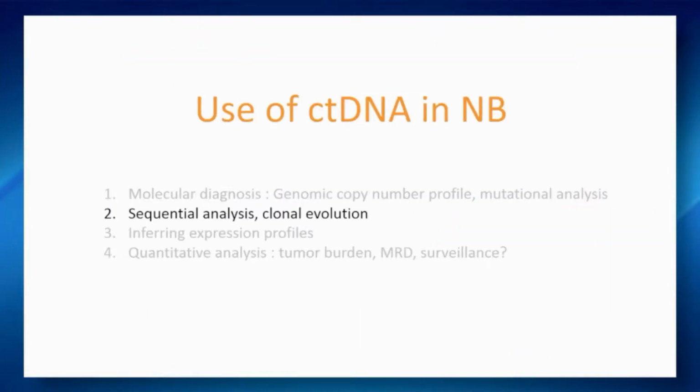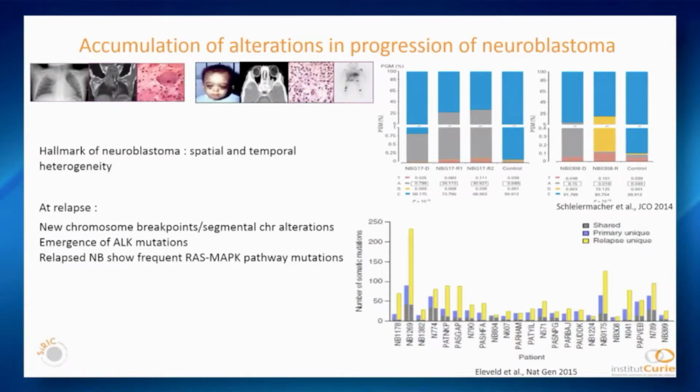Furthermore, as we mentioned earlier today, in neuroblastoma we also have temporal heterogeneity, clonal evolution. We know that genetic alterations change over time. We know that copy number alterations can appear at the time of relapse. We know that ALK mutations can emerge at the time of relapse, and we know that other mutations can also appear.